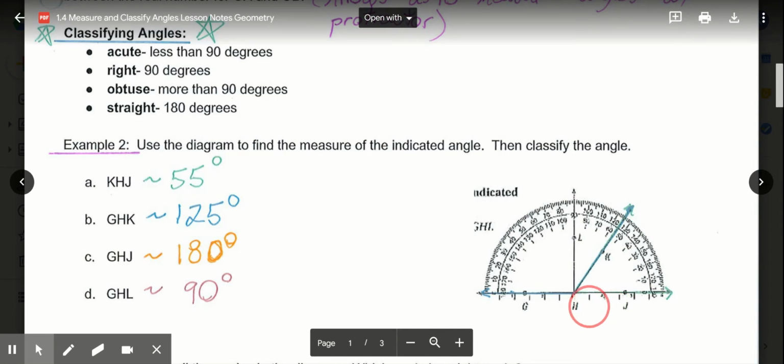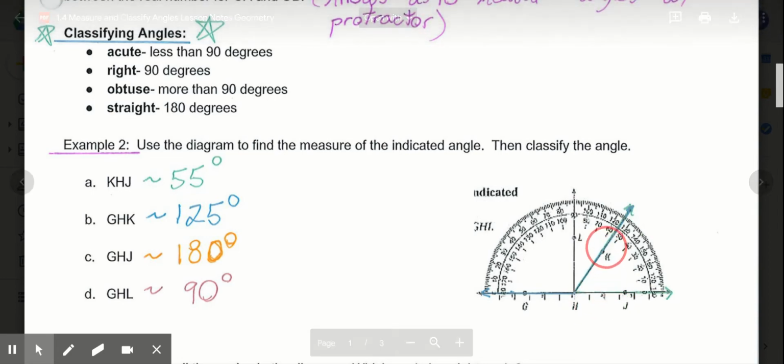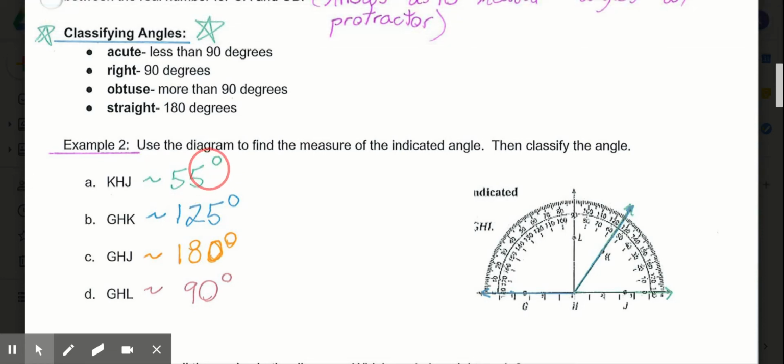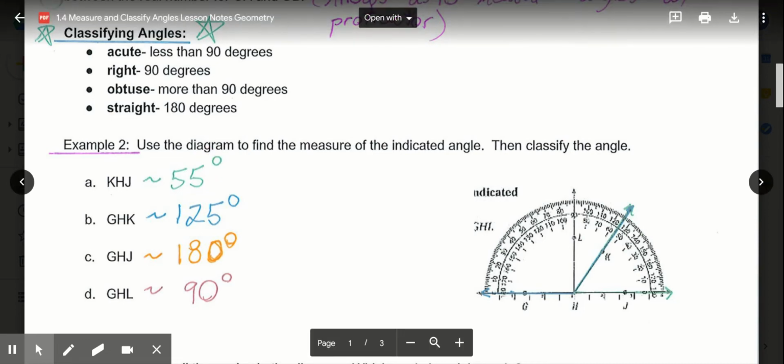So KHJ, measuring here, we know it's less than 90 degrees. So I'm going to use the bottom measurements. And it is midway between 50 and 60. So we are going to say KHJ is approximately 55 degrees. So 55 degrees, to classify that, less than 90. So that would classify as an acute angle.